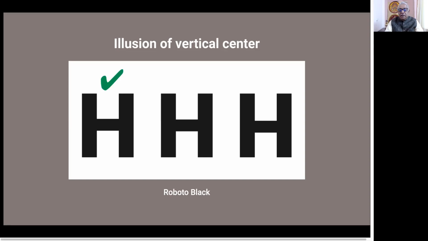This is the reason for that: in the left one, the crossbar is kept at the optical center, in the middle one, it is kept at the mathematical center, and in the third one, it is kept below the center. This is taught in most design schools. Whenever we design fonts, we take conscious decisions to place elements in such a way that they compensate for the optical illusions.